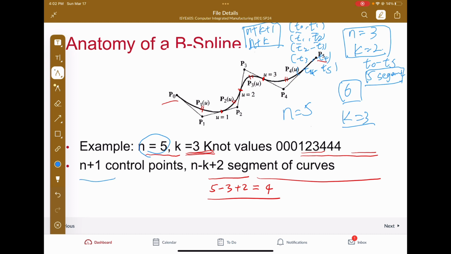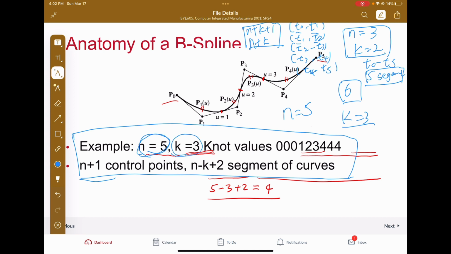These examples tell you how to calculate that. For example, n equal to 5, k equal to 3. So the knot values will be this. And the control points will still be n plus 1, which is 6. So we have 6 control points from point 0 to point 5.